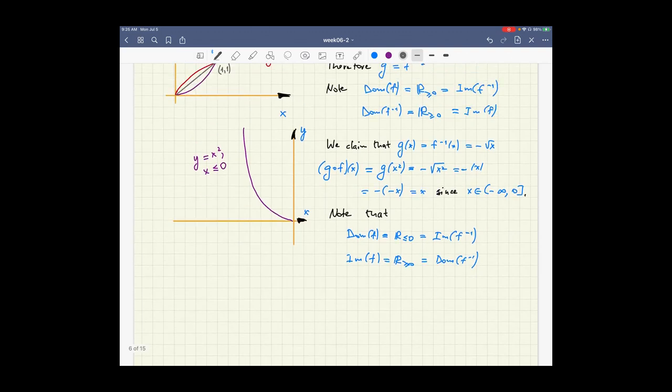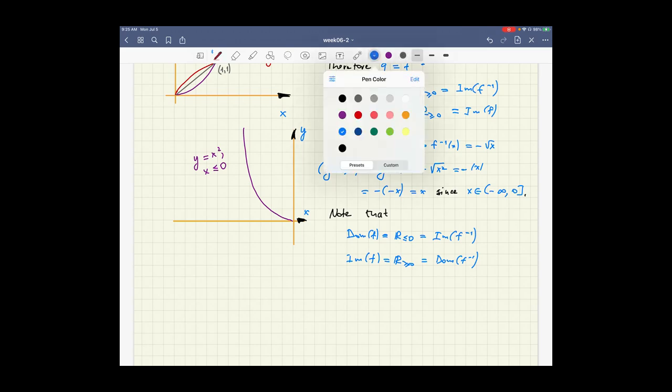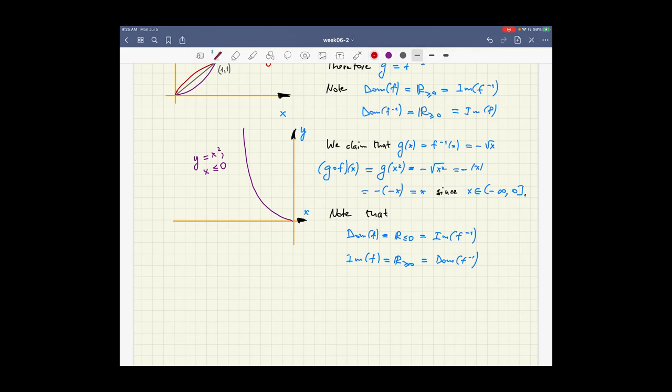In the other situation, when we restricted the domain of x squared to all the non-positive real numbers, we obtained that the inverse of our function was negative root x. And again, the two graphs are symmetric about the line y equals x.